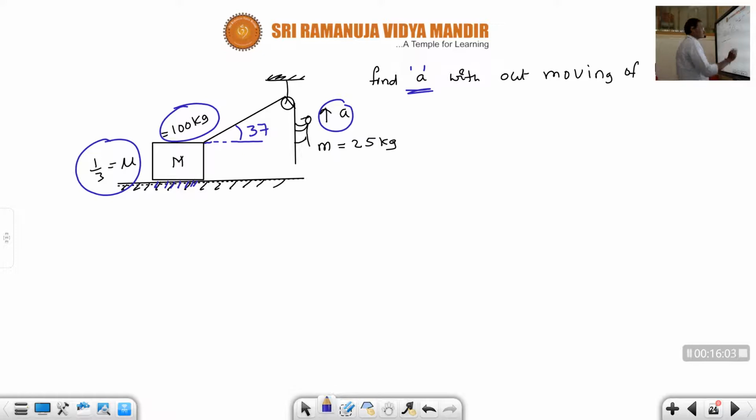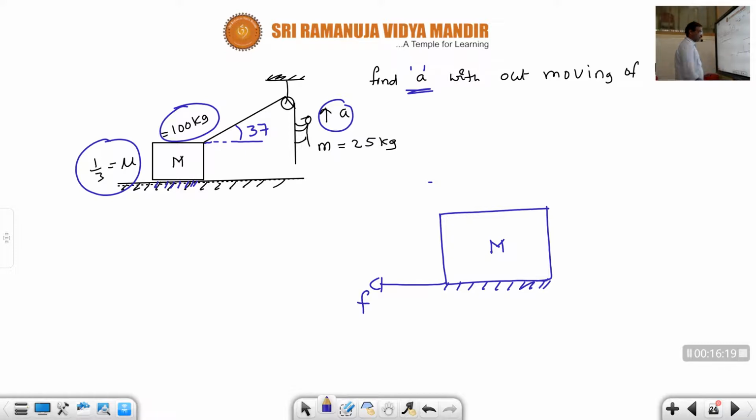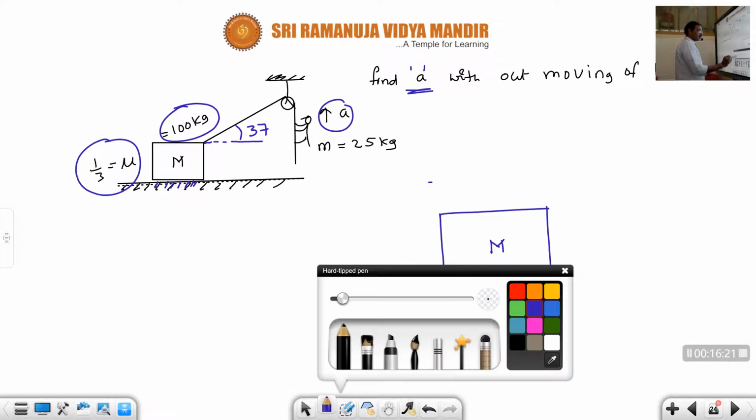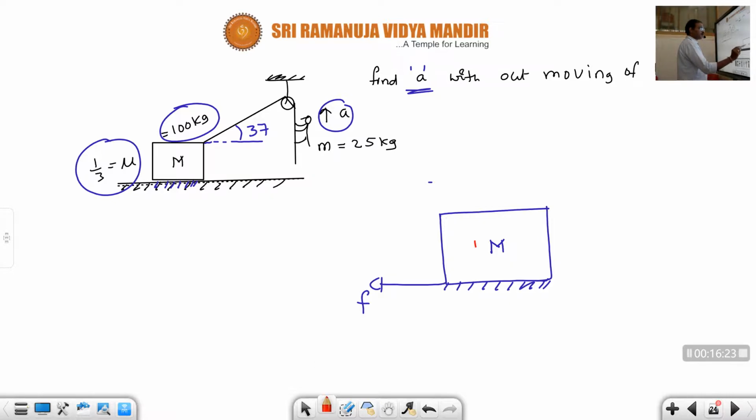This is the block of mass capital M, M is equal to 100 kg. What are the forces acting? It is kept on a rough horizontal surface, therefore friction F is acting. And this is the normal reaction N.